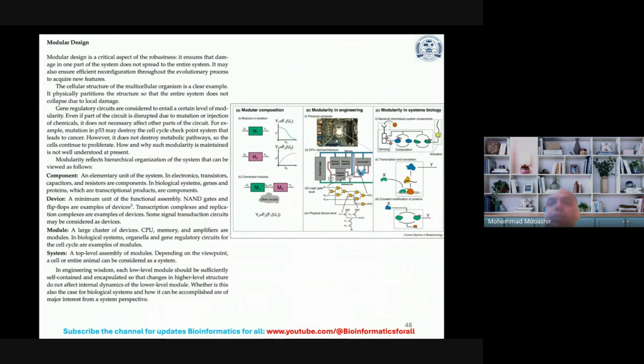And for this purpose, you need to design your computational model in a proper way, and the modular design must be really compact and without redundancies. So here you need to focus on the components and devices, modules, and finally the system, how the system could behave.